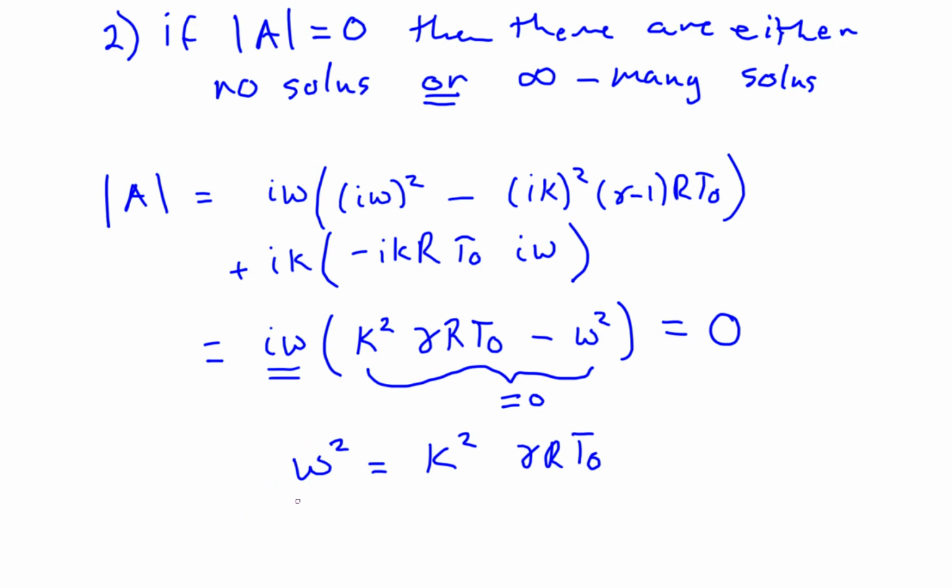This has infinitely many possible solutions because there are infinitely many possible omegas and k's, and they are related by this constant number here. This constant number has the units of meters squared per second squared, and this is the adiabatic sound speed squared.